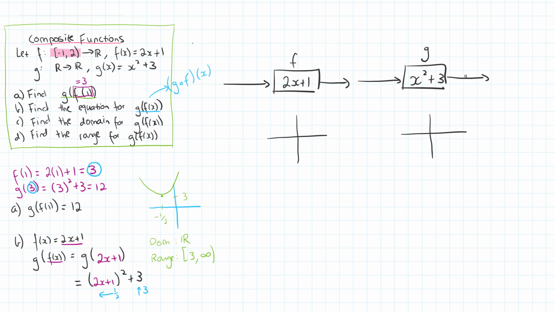So this is 2x plus 1, so it's a linear equation that's been moved up 1 with a gradient of 2. But we have this restricted domain, so it's not the whole line, we need a line segment. So we're going to take a line segment starting at x equals -1, and we have a square bracket, so I will need a closed circle, and the corresponding y value at -1 will be 2 times -1 plus 1, so -1.